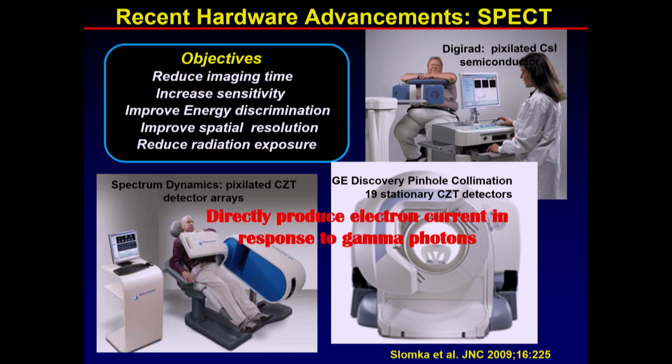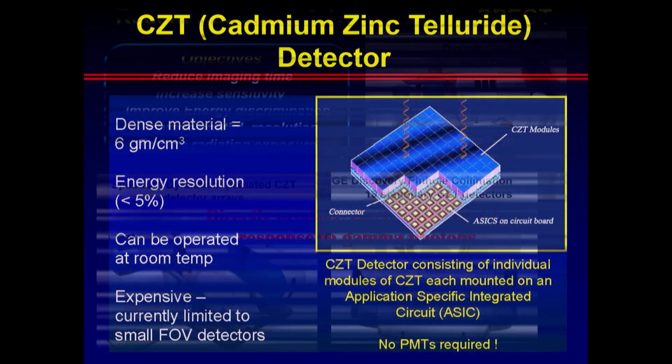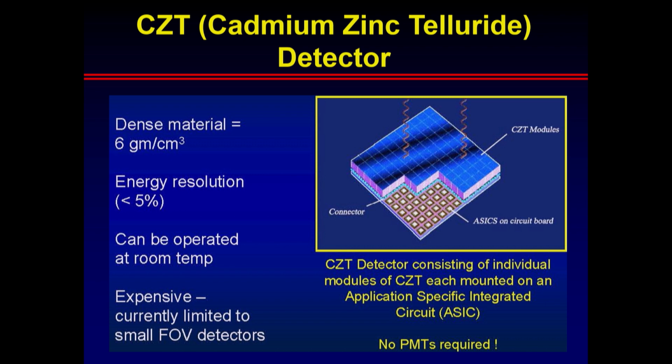The other thing about CZT cameras and these new technologies is that they can be done without collimators, and you basically directly create currents based on the electron flux. So CZT detectors have very good energy resolution. It's less than 5%, which is really good. And they obviously don't need PMTs, photomultiplier tubes, as a way of analyzing data.